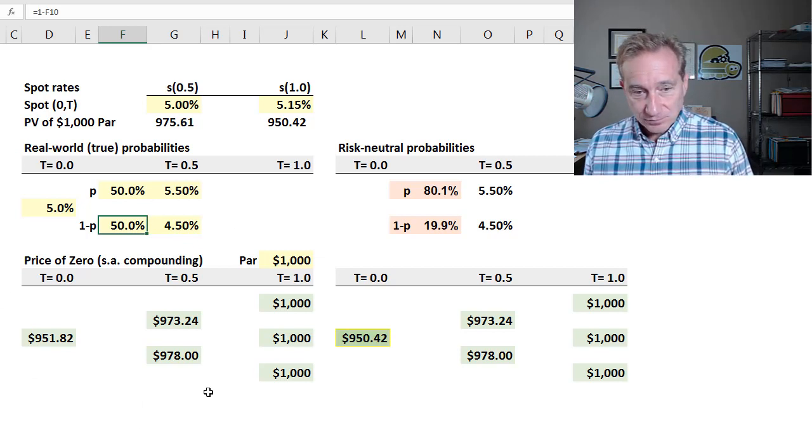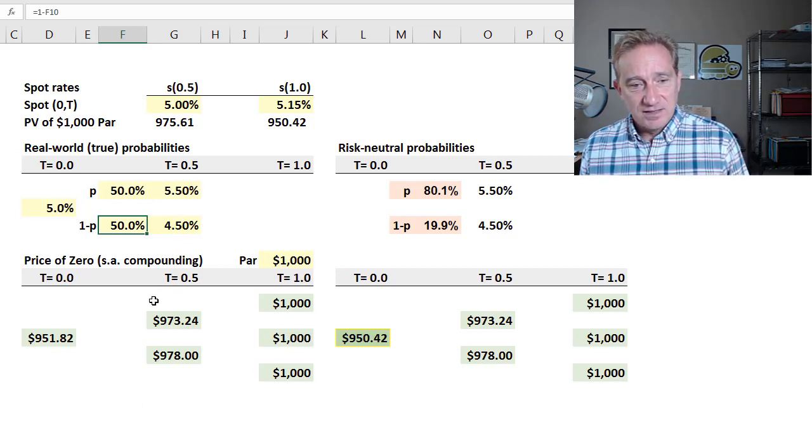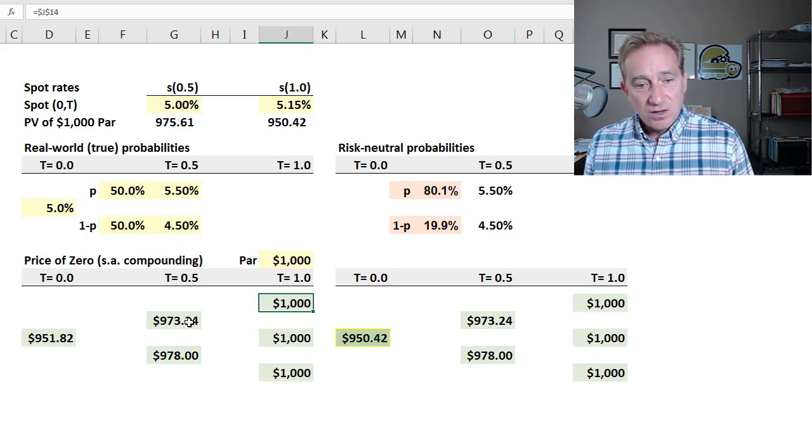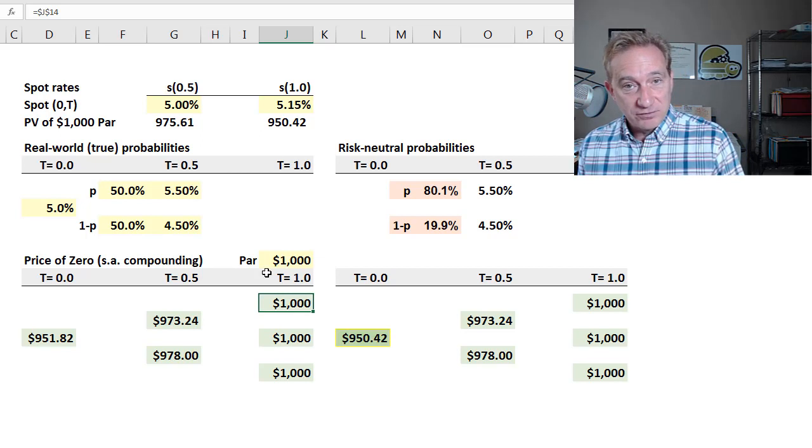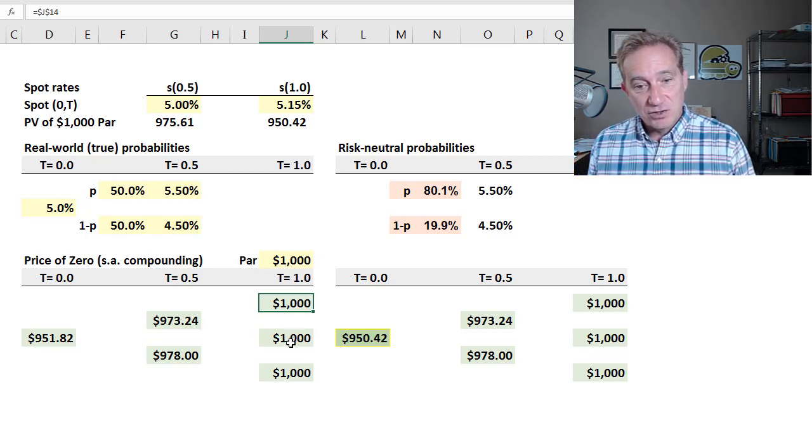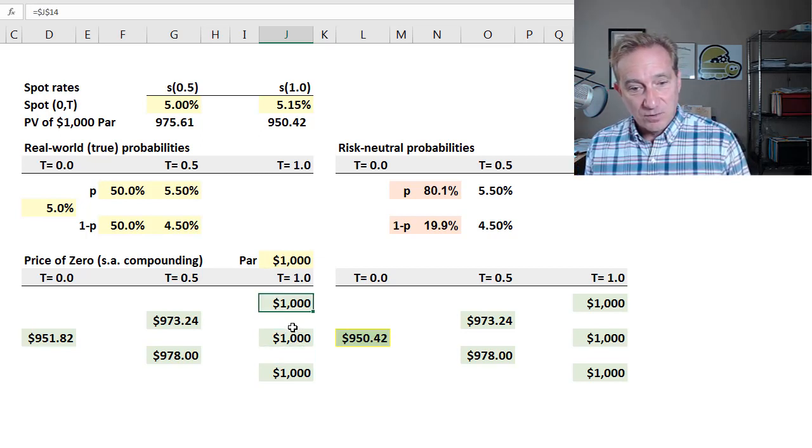Here, we conduct the expected discounted value exercise. We only have 3 states, 0, 1, and 2, but this is a 1 year bond. It pulls to par. So at maturity, it's simple. It's going to pull to its par of 1,000.